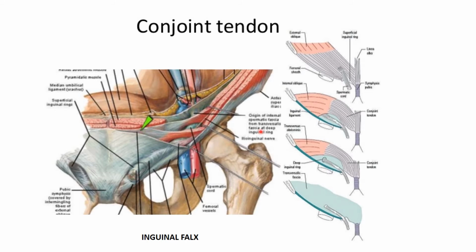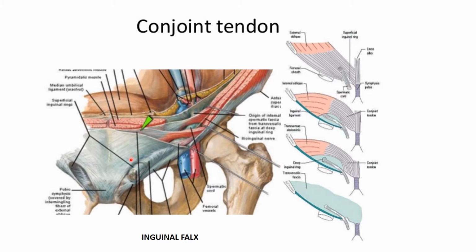So the conjoint tendon is formed by the lowermost fibers of the internal oblique and the aponeurosis of the transversus abdominis, which arise from the inguinal ligament, and these fibers are attached to the pubic crest and the adjoining portion of the pecten pubis, the pectineal line, and also to the linea alba in the midline.